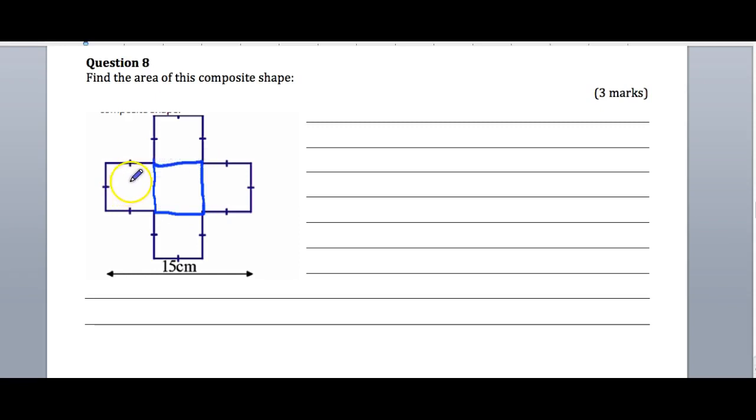Okay, so now I have 1, 2, 3, 4, 5 squares that are actually the same. Okay, so I could say my area is 5 times this same square. And that square, if this whole distance from here to here is 15, we're basically dividing that into 3 equal sections.